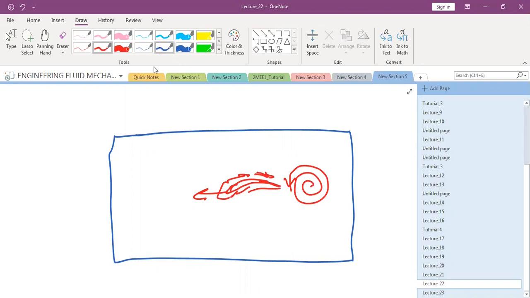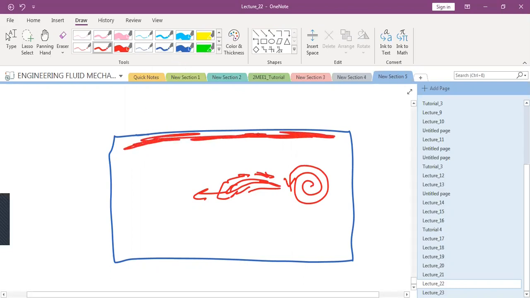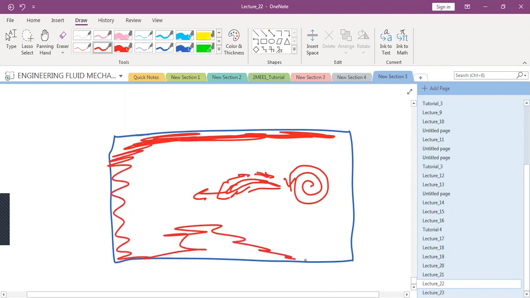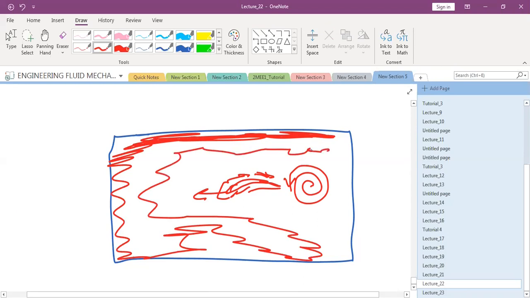What about these regions? Will there be any rotation here? No, sir. Only rotation will be in this region. If I take the entire thing, then the rotation again goes to 0.